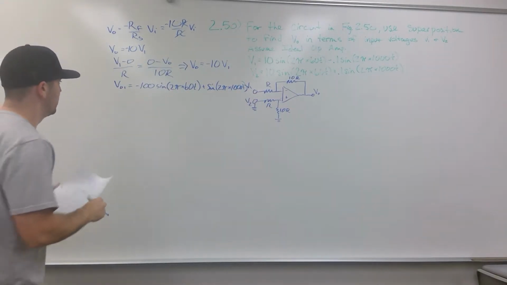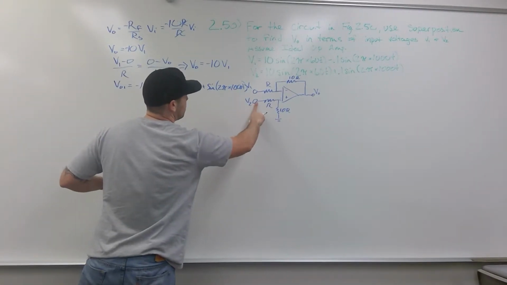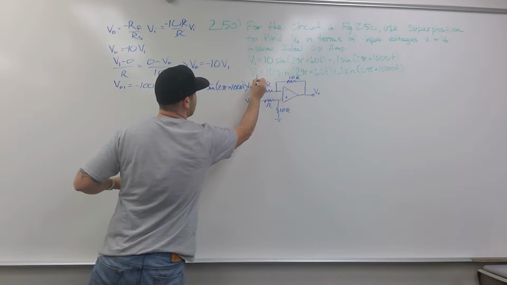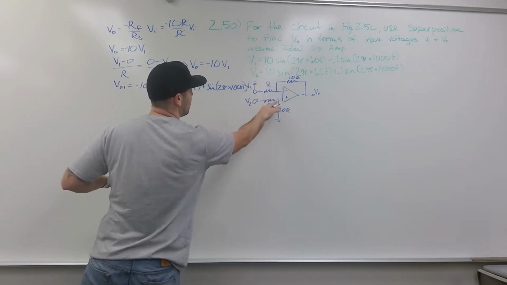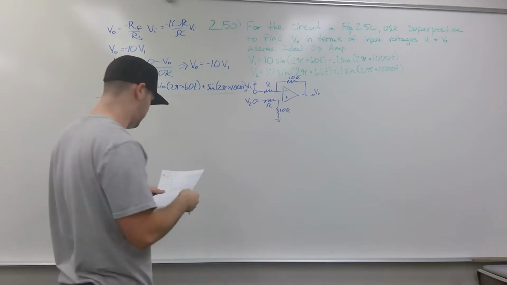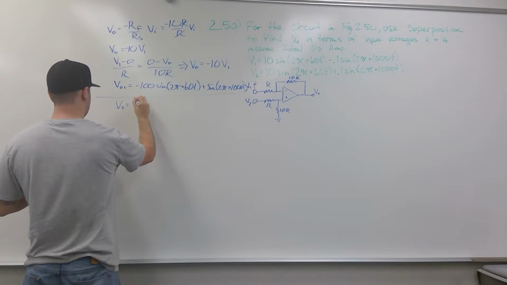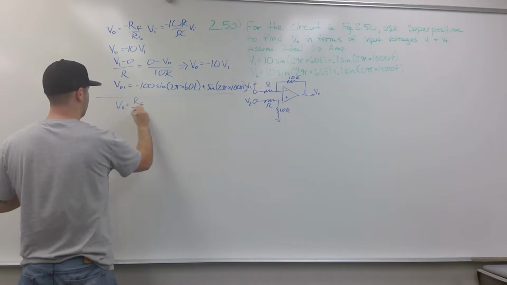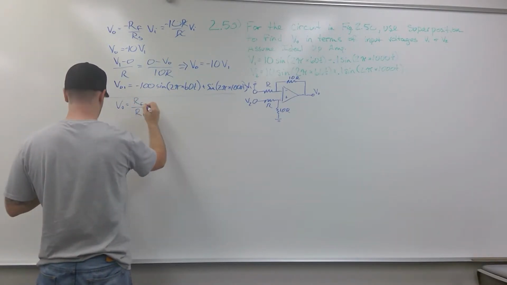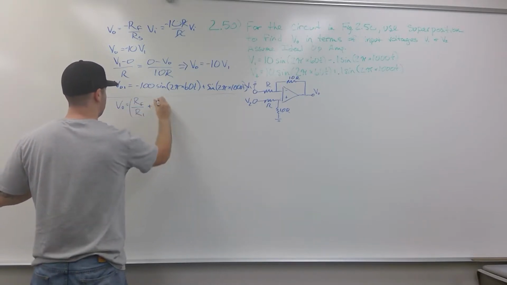Okay, and now we can move on to the second one. So we're going to short this guy here. And now this is like a non-inverting op amp. We know the equation for that is V out equals RF over R1 plus 1.